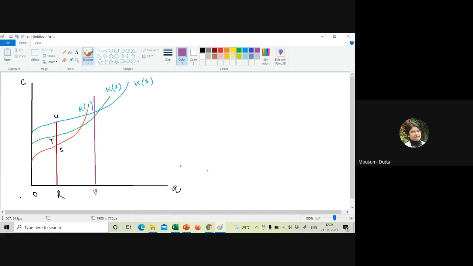Now, if I like to produce OV, I can extend the plant size for the first plant.